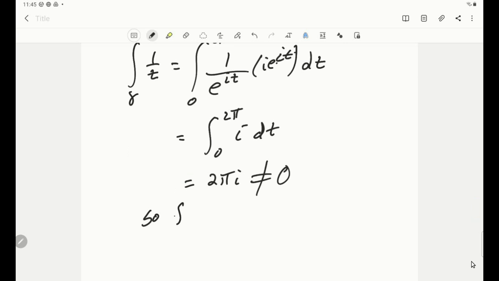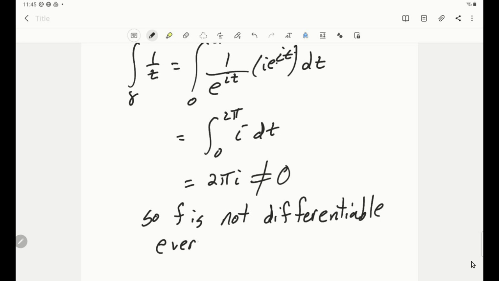So f is not differentiable everywhere in the unit disk. Okay, because otherwise we should have gotten 0, but we got 2 pi i.